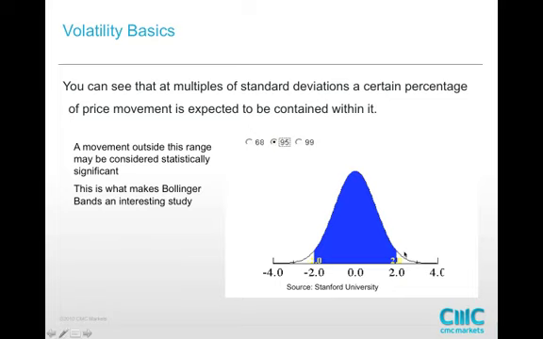You can see the idea that if we're getting out to here, then we assume most of the price activity is going to occur, so price should come back this way. Now, what we find is that in a normally distributed environment that will be the case. However, in a market environment, it's not necessarily the situation.